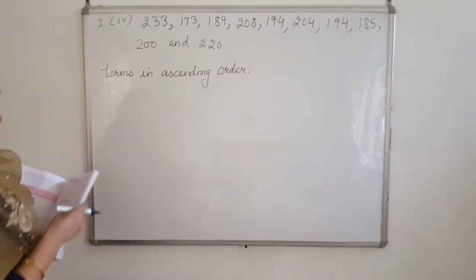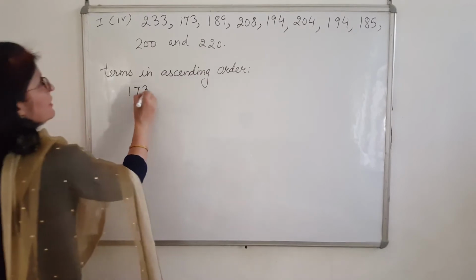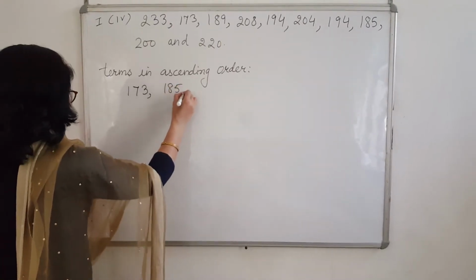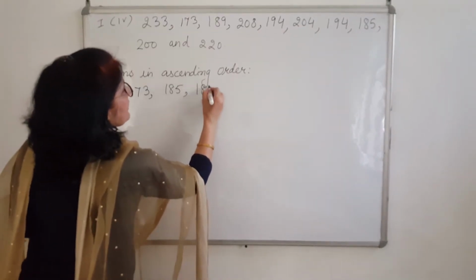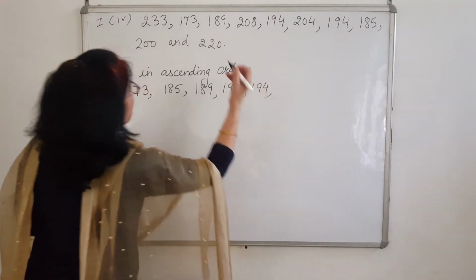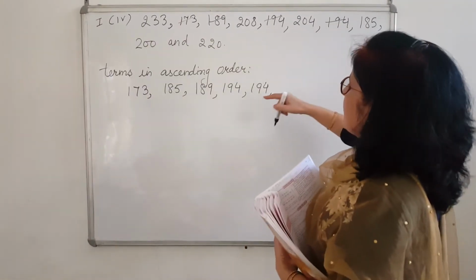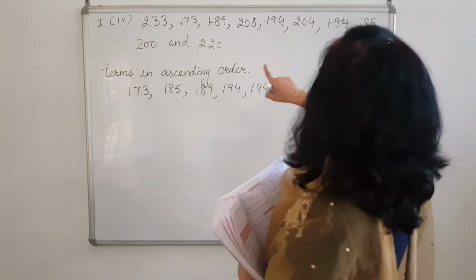The smaller number is 173, then 185, then 189, 194, 2 times. You can cut them like this.